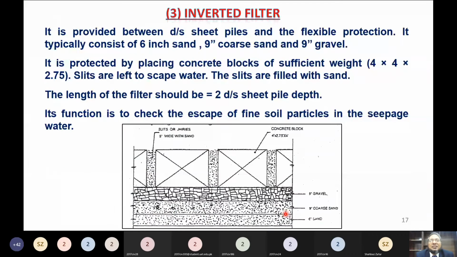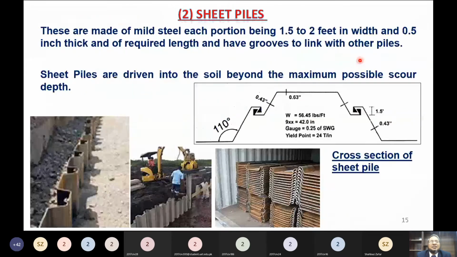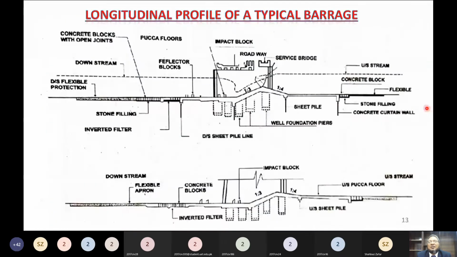Now the third component of the barrage is the inverted filters, and they are provided in between the downstream sheet piles and the flexible apron. If you see here the longitudinal section of the barrage, this is the downstream end of the downstream concrete floor, and this is the flexible apron.